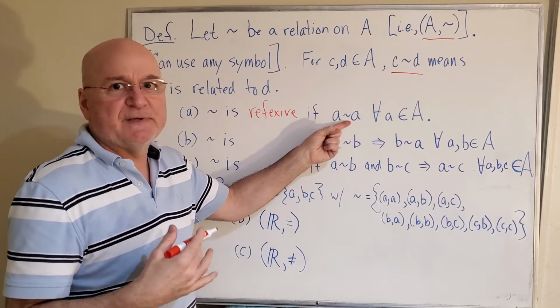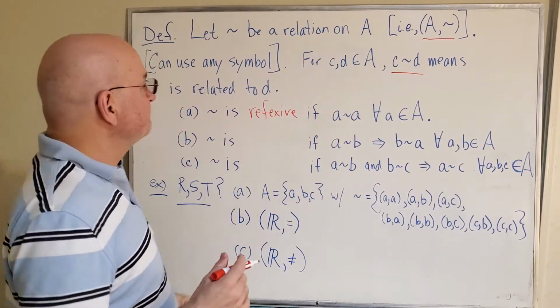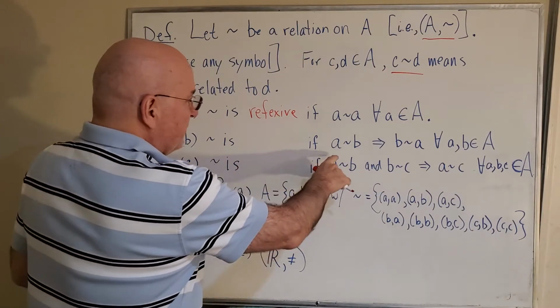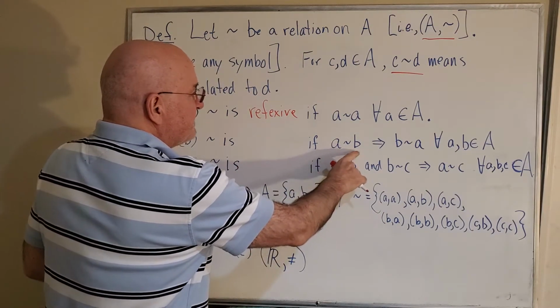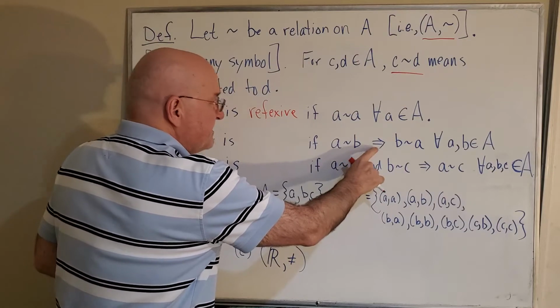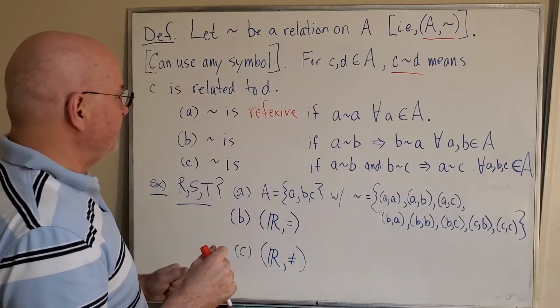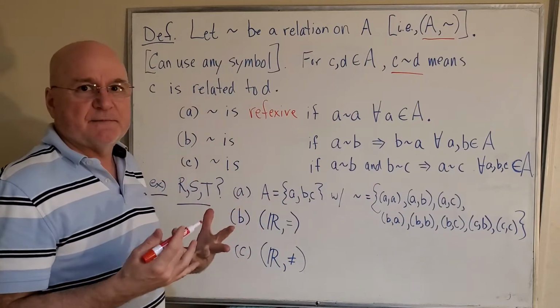A is related to itself. Okay, the next one. What it would be called if A relates to B implies that B relates to A. It's almost like commutative, but we'll call it symmetric.